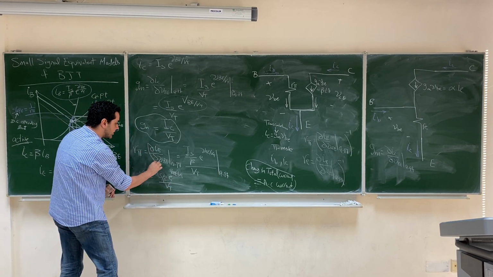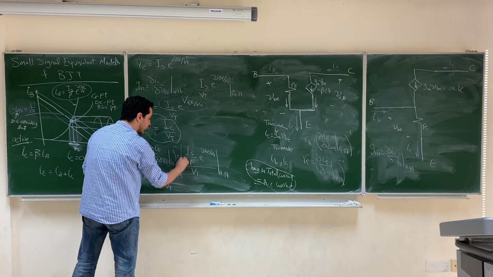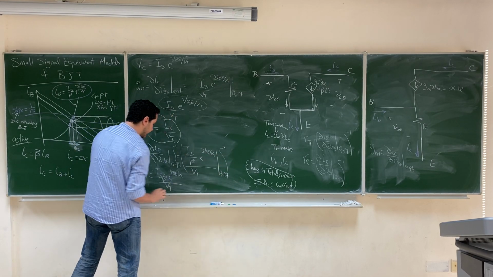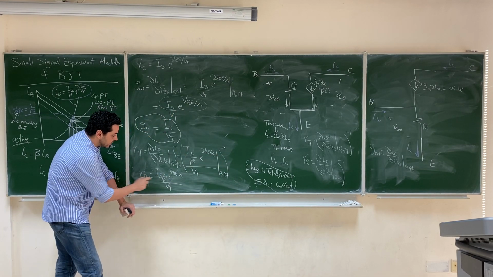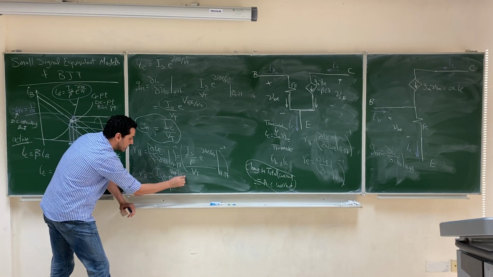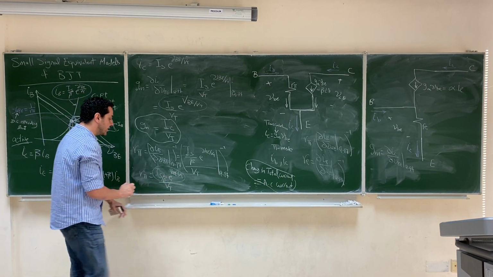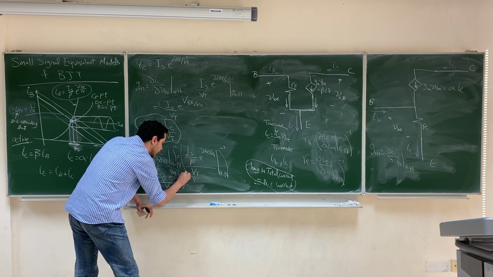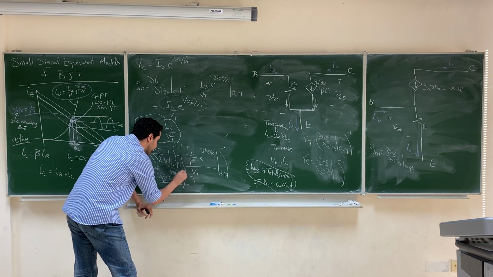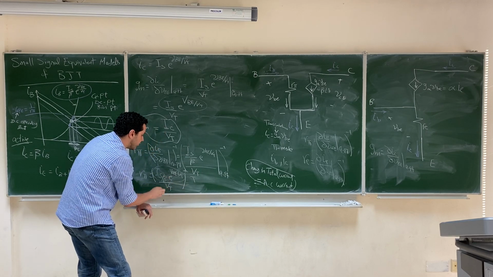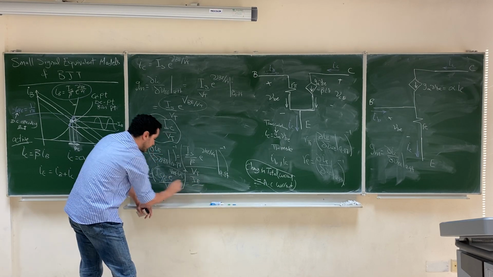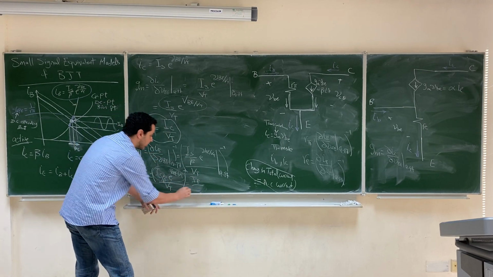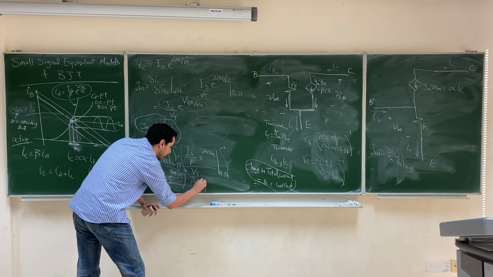Of course, we need to take the inverse, right? Don't forget, we need to take the inverse. What is this? This is the DC value of I base, right? So this is the DC value. Of course, we should take the inverse again. This is the DC value of I base divided over VT, and then we take the inverse.